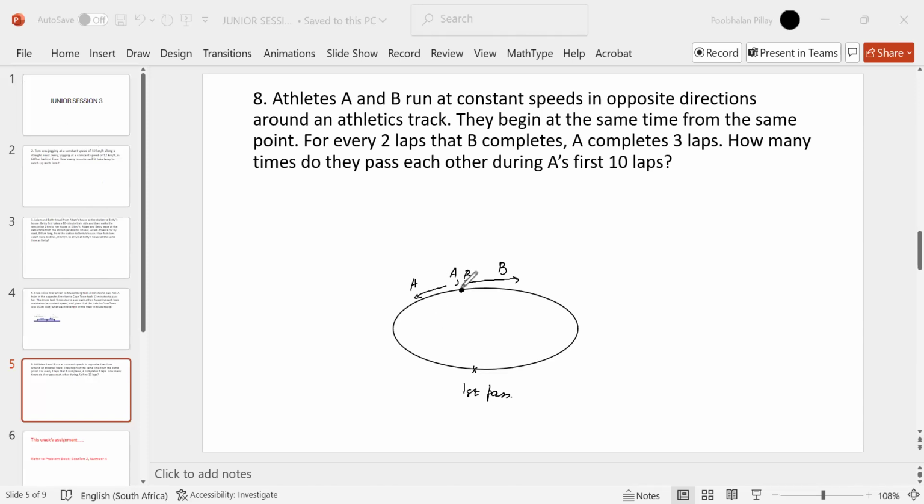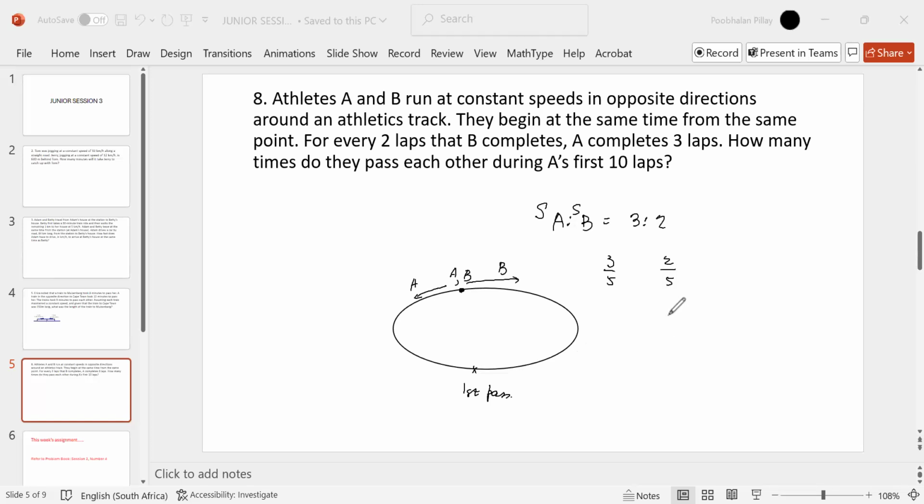The ratio of A to B is 3:2. Right? That's the ratio of the speeds. Speed of A to speed of B is 3/2. So, in other words, A's share is 3/5 of the total, and B's is 2/5 of the total.